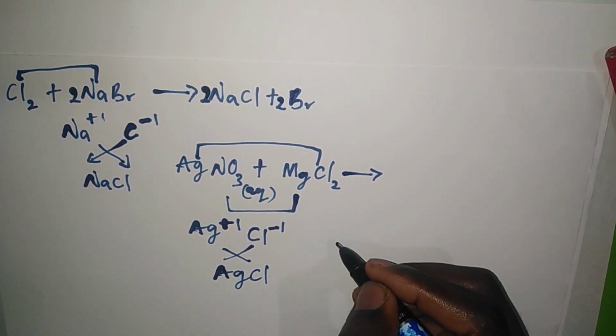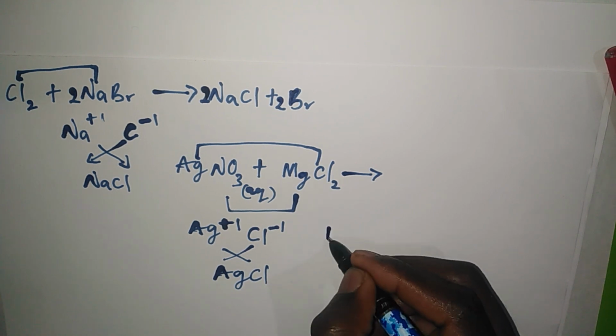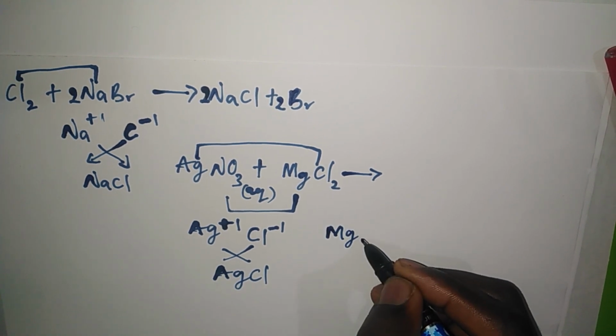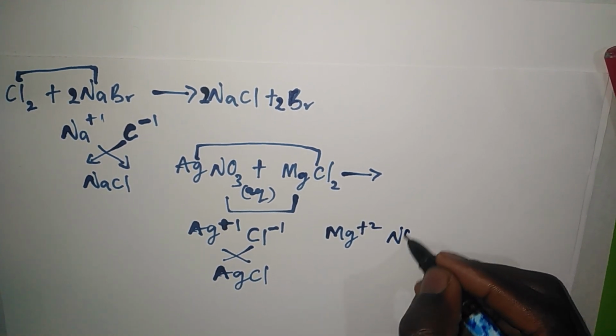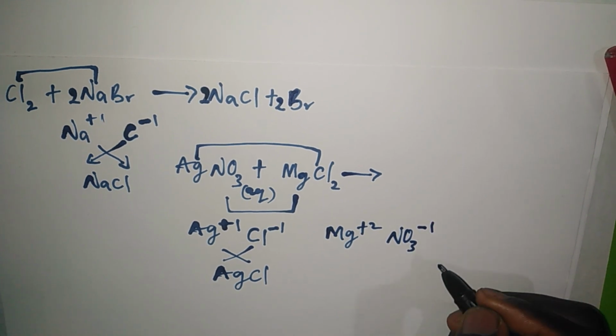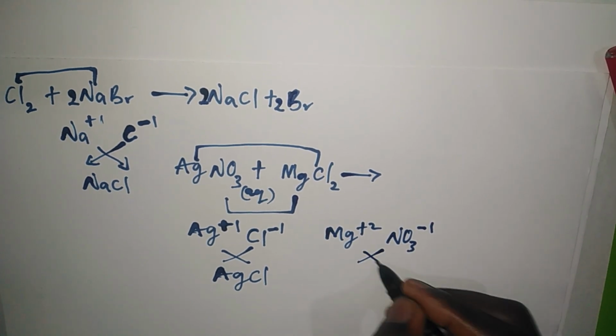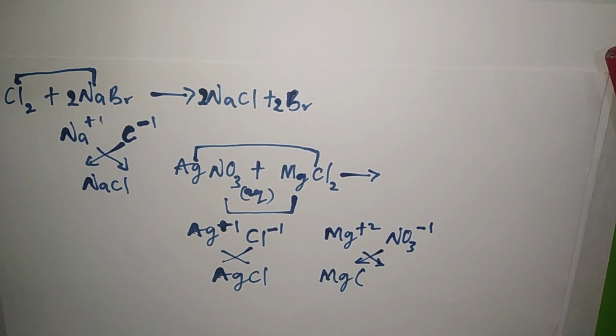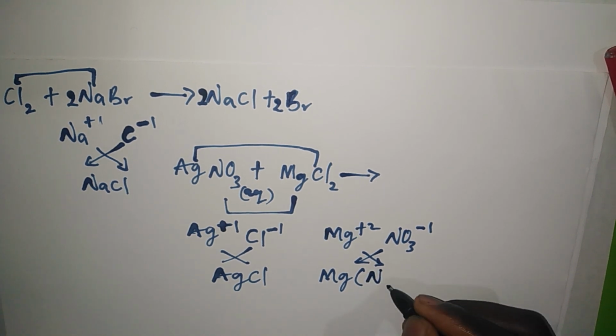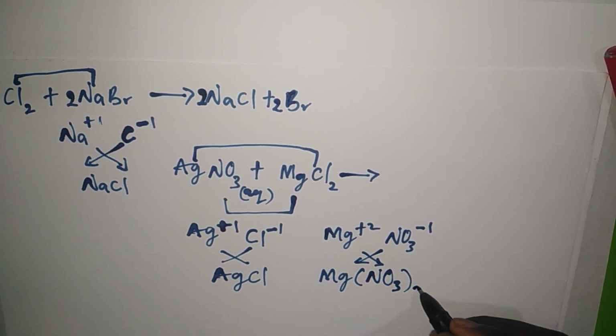Now, for magnesium, it has a +2 charge, while nitrate has a -1 charge. Therefore, you are going to still cross them. So you put magnesium. In a case where you have a polyatomic ion, parentheses are used. So in this case, we'll put nitrate, and then this 2 we'll put here.